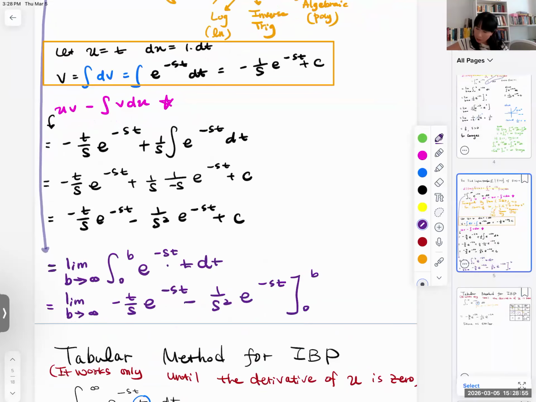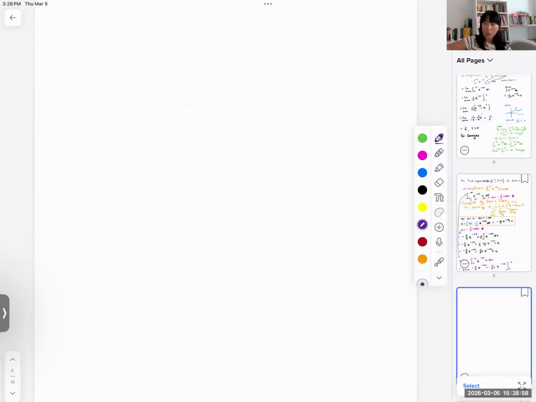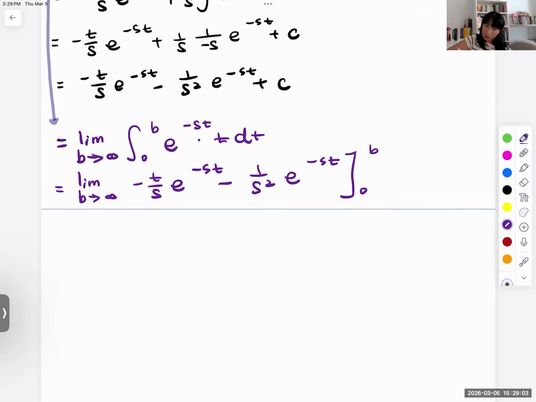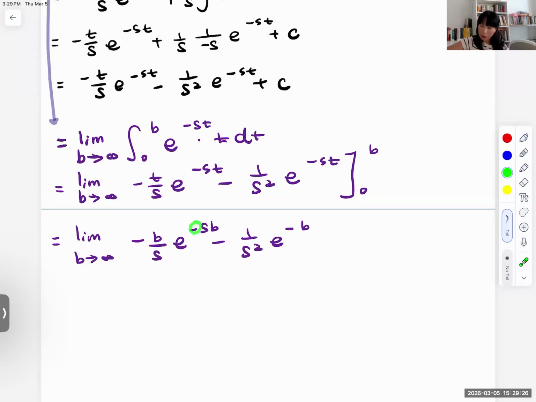Okay. Now let's plug in. Limit as b approaches positive infinity, negative b over s e to the negative sb minus 1 over s squared e to the negative b. Maybe we can put this one in the denominator, an easier way.